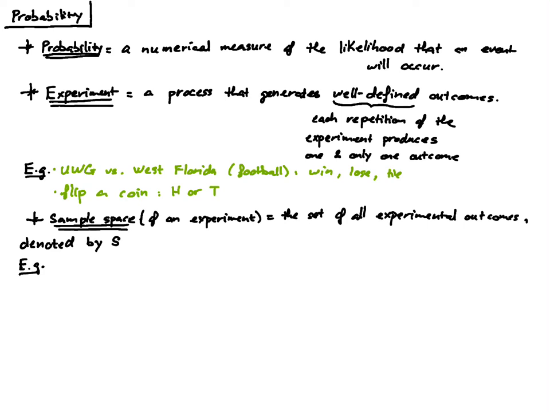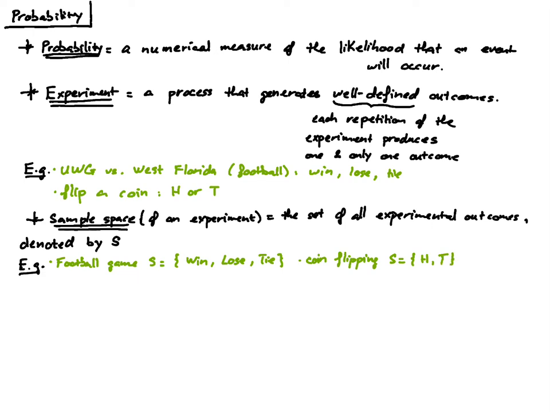So for a football game, the sample space S is a set that consists of three elements: win, lose, or tie, right? And then for the coin flipping example, the sample space is the set S that contains two elements: head and tail.